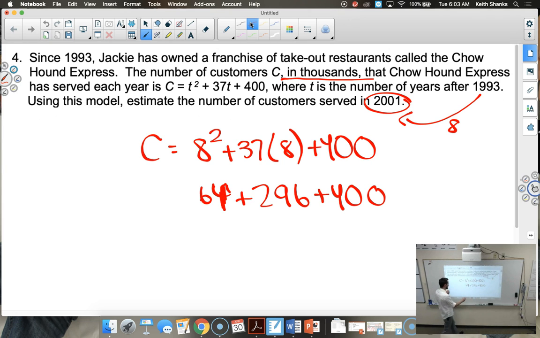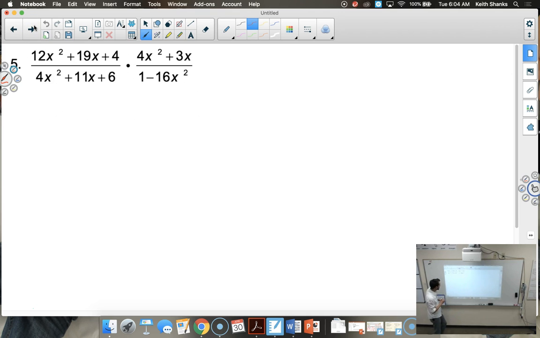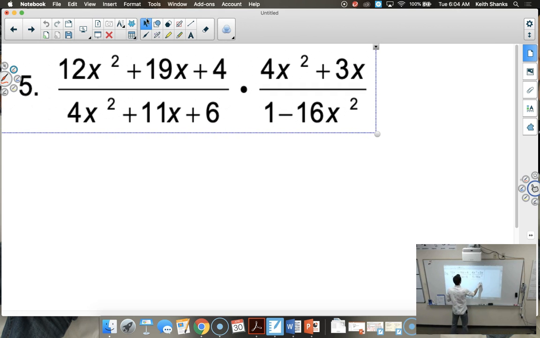Then we add all that together and you get 760. But again, that's in thousands, so add a couple zeros there. Number 4, again, pretty straightforward. The number of customers estimated to be served in 2001 is 760,000.